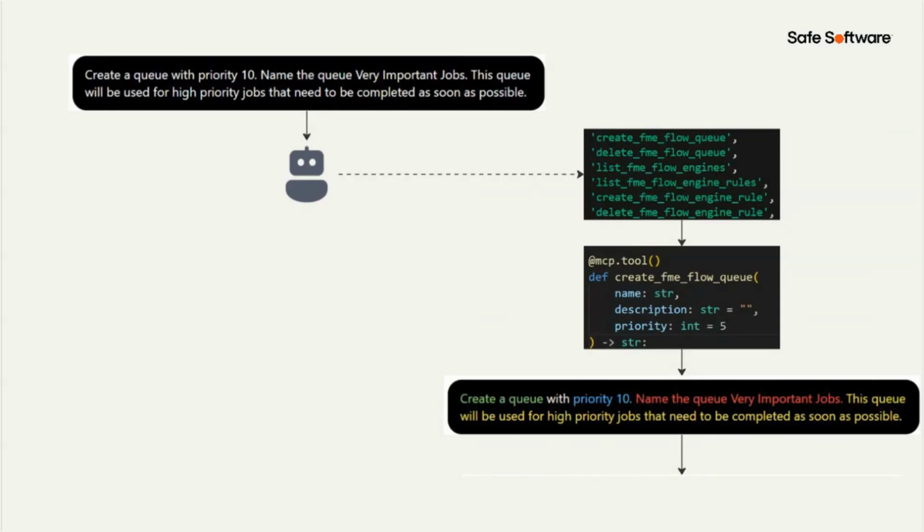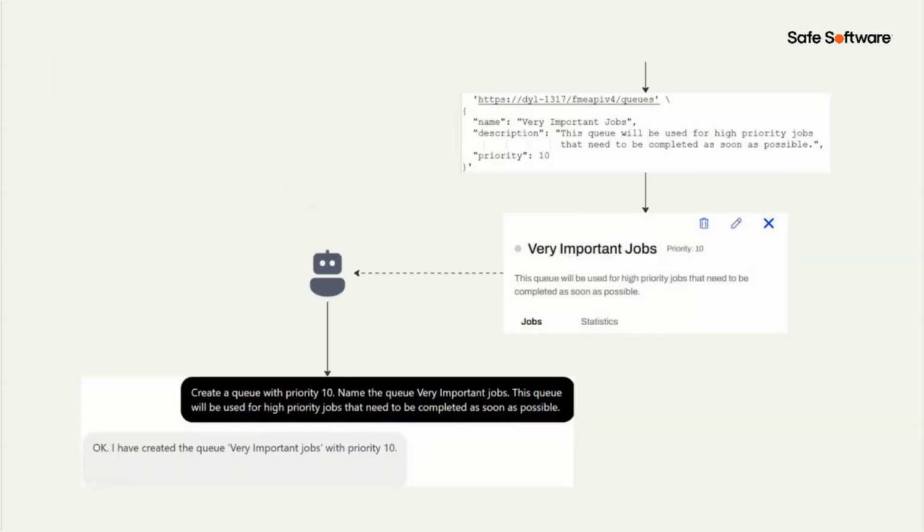Parameter 3, the description, is not explicitly defined, but through the context, the AI knows this is a description, and so it's going to assign that to that parameter. This information is sent through a REST v4 POST request to the queue's endpoint. That queue is created in FME Flow, and then the AI lets us know that it's finished processing our request.